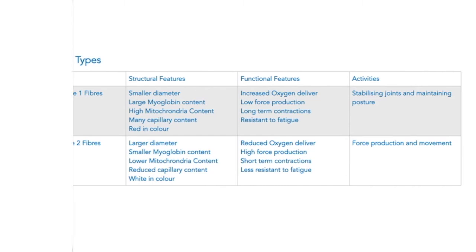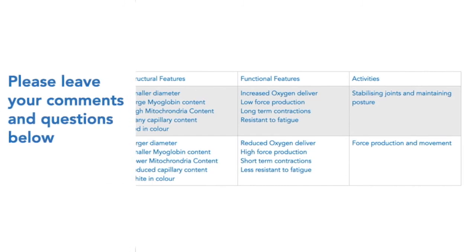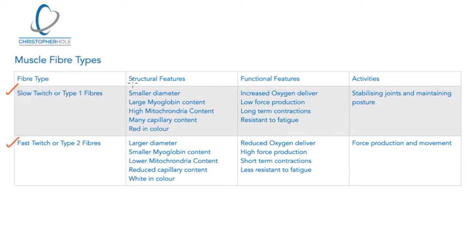Now, these are basically opposites to each other, and they perform different roles within the body. So we've got structural features of slow twitch: small diameter, large myoglobin, high mitochondria, many capillaries, and they're red in colour because of the higher blood content, and there will also be a greater oxygen content.